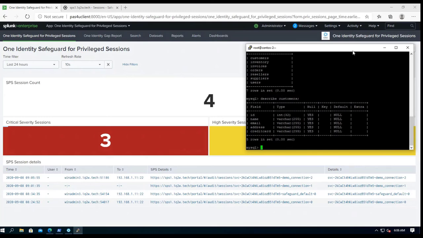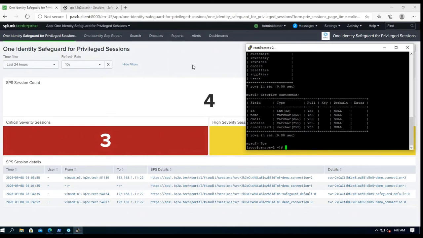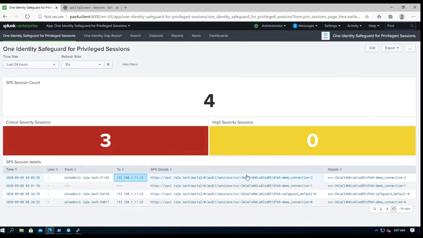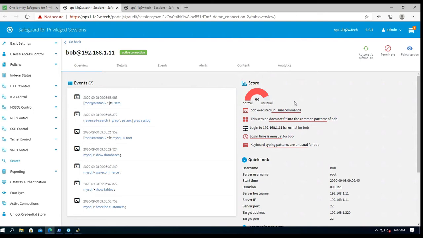You see that the hacker finds user data, credit card data, email addresses, and luckily this data is protected by Safeguard. And you see instantly as the security team goes on to the session details that the different algorithms are showing highly unusual activities.